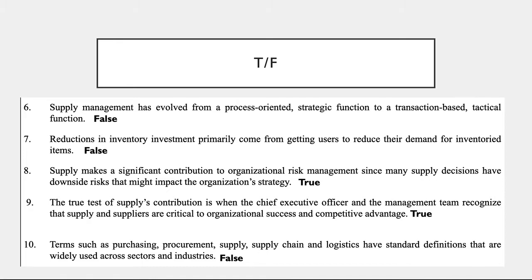The first one is the stage of development of the supply function in the firm. The second factor is the industry in which the firm operates. The third factor is the competitive position of the firm. So that's why this statement is false.